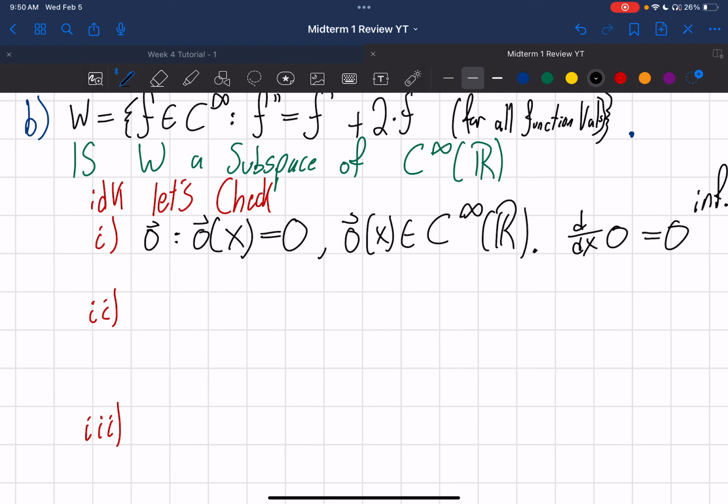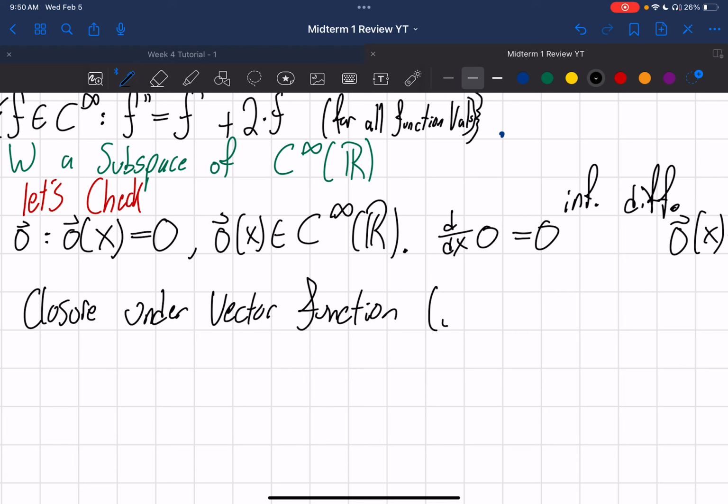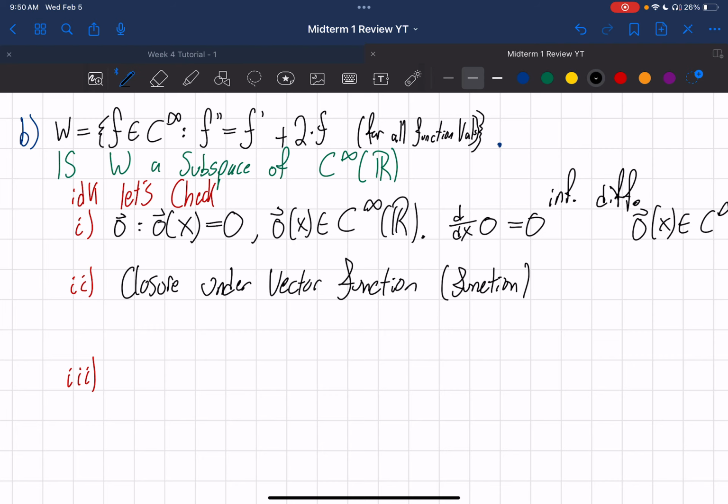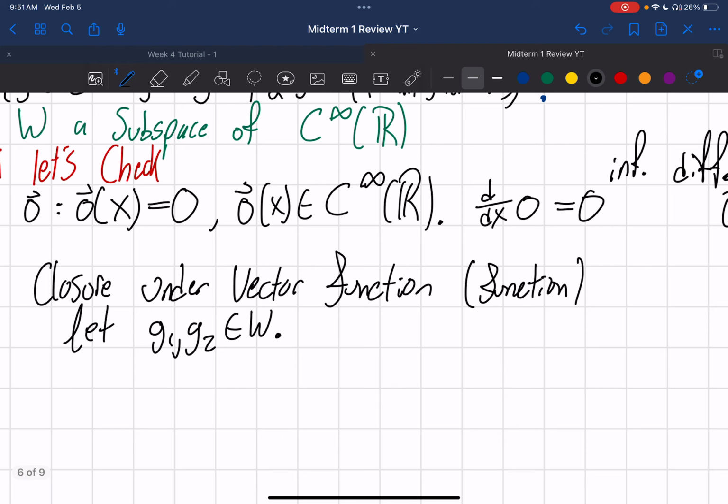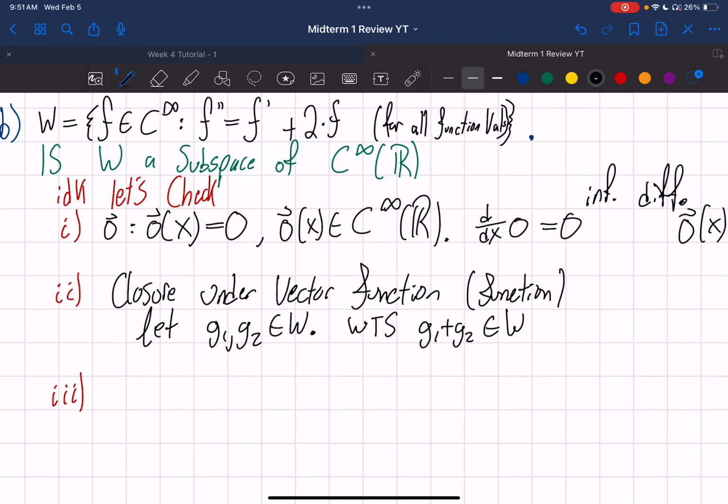Okay. Next, we want to show closure under our vector addition operation. Now, since we're in a functional space, you can think of it as function addition. But thankfully, functions are linear, as we'll see pretty easily. So we're going to say let G1 and G2 be elements of W, and we want to show that G1 plus G2 is an element of our vector space as well.